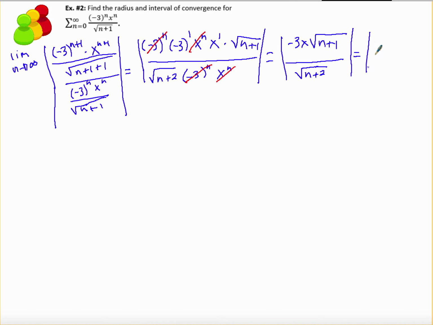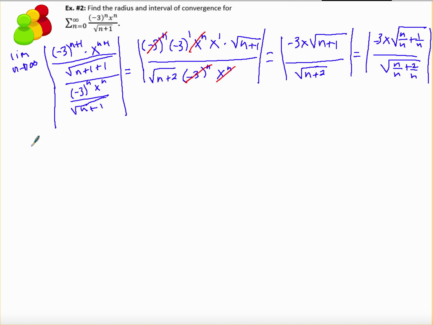So I've got negative 3x times the square root of n divided by n plus 1 divided by n, and divided by the square root of n divided by n plus 2 divided by n. I'm multiplying by the same thing on the top and the bottom, just as we did previously. Oh my goodness, that was a terrible line drawn. I am still getting used to this pen, you guys.